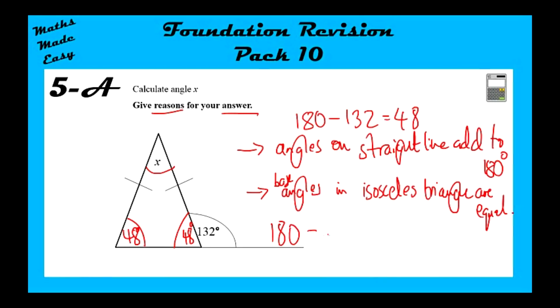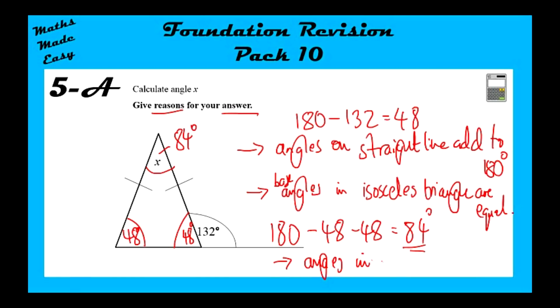So 180, take 48, take another 48, equals 84, which is the answer. So this angle here would be 84 degrees, and the reason for that one was that angles in a triangle, just like a straight line, add to 180 degrees.